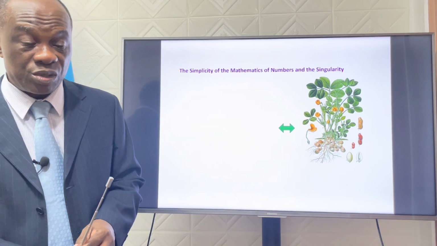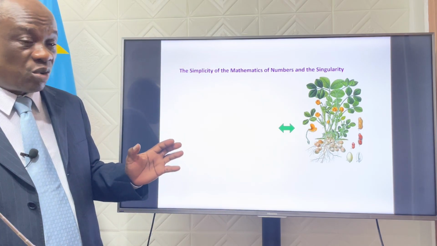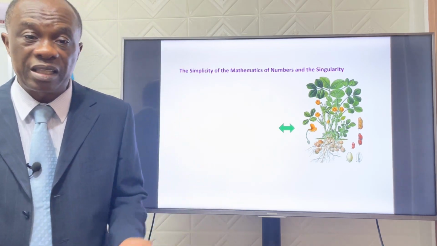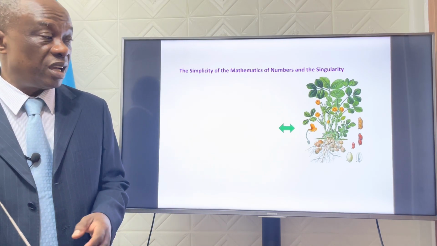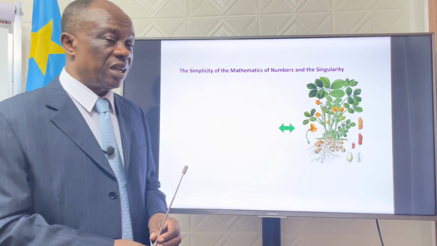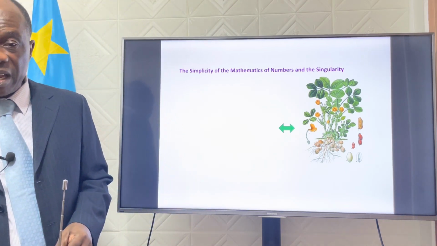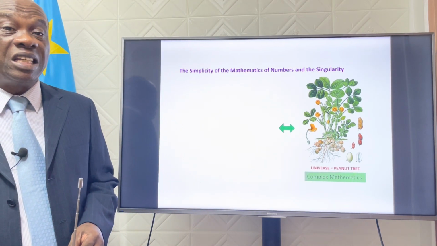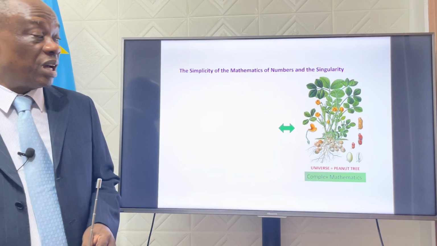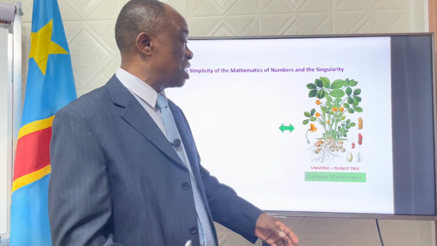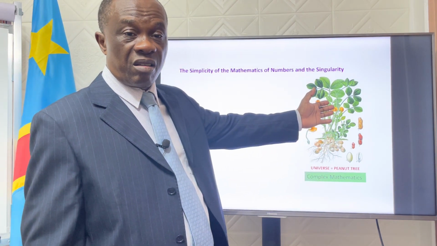Why? Because you are used to complicated mathematics. The mathematics you have been learning are mathematics that explain the details of the universe. And the universe is like a tree.